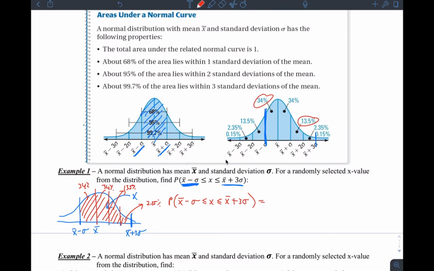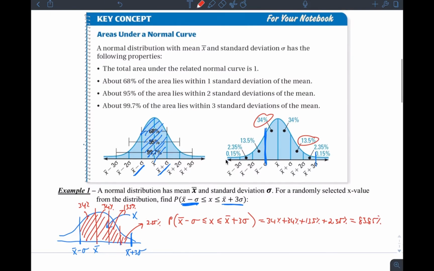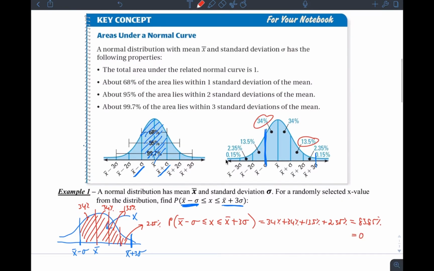So you get 34% plus 34% plus 13.5% plus 2.35%, and if you add that all up, you get 83.85%.